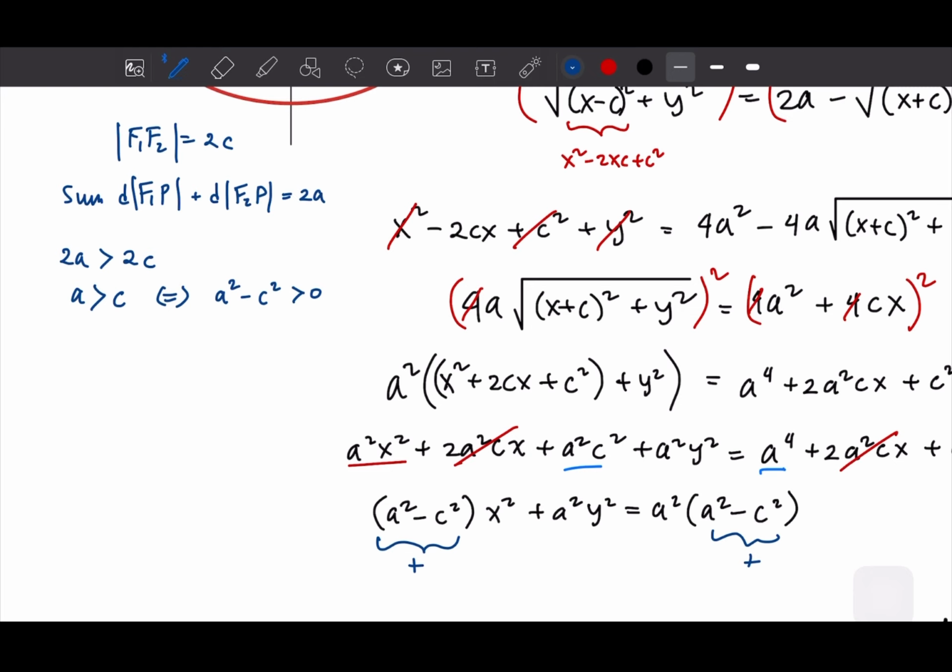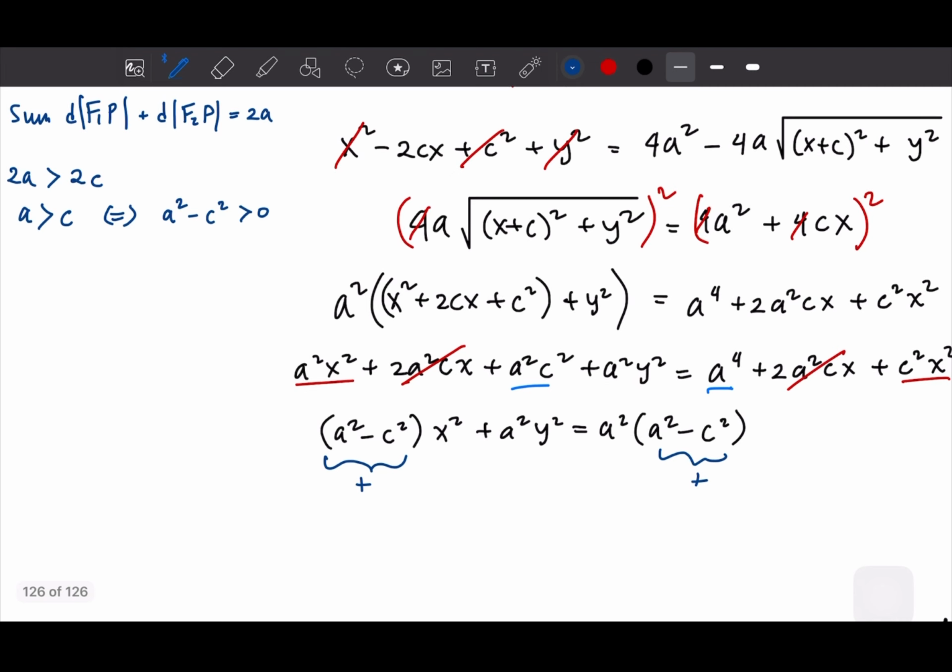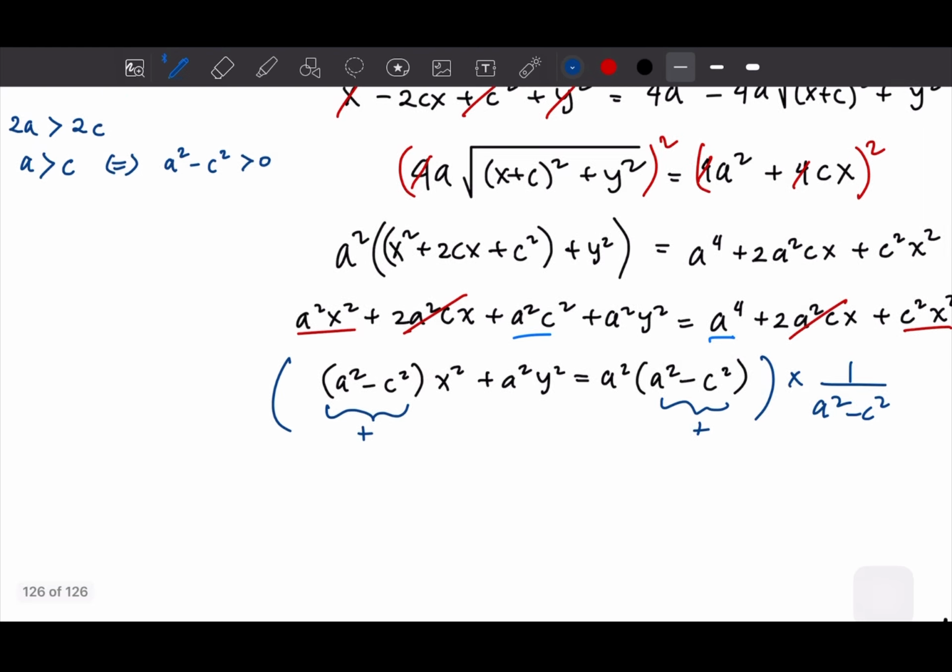So because of this positive value, we could divide all the terms by a squared minus c squared. So first we get a squared x squared plus a squared y squared, and then a squared minus c squared equals a squared.